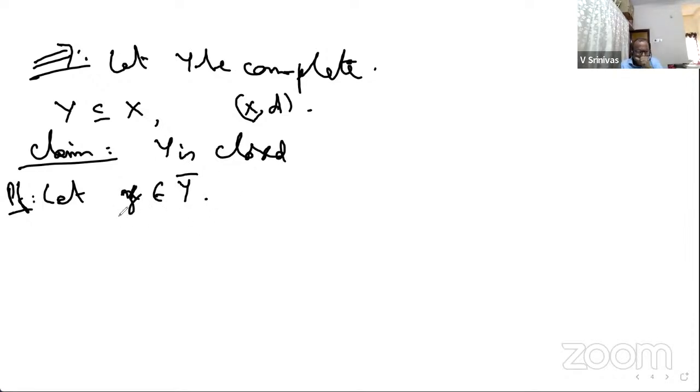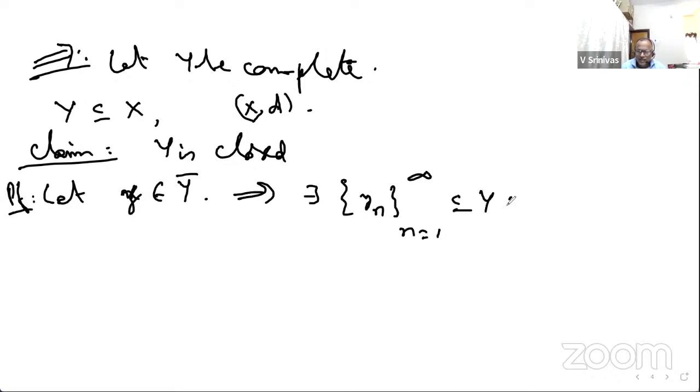If I'm taking a general y from Y closure and we can show that this small y is in capital Y, we are through. So I'm taking a y in Y closure. Now, what does this mean? This implies that there exists a sequence of yn, where n equal to 1 to infinity, contained in Y such that yn converges to y.